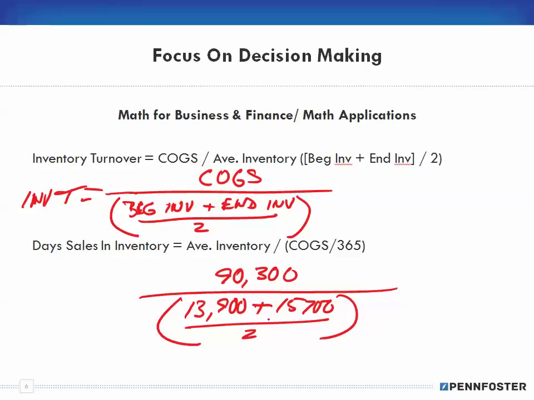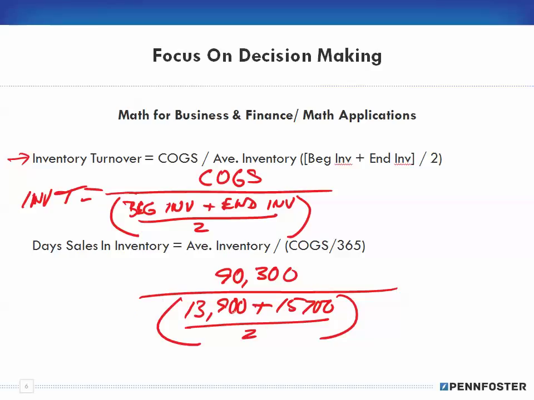All right, so now let me just recap here. Here is the inventory turnover formula typed out. This is the way I would write it out. Now, if I plug in the numbers like I have in the textbook, this is what it's going to look like. And of course, I have to do what's in the denominator first.